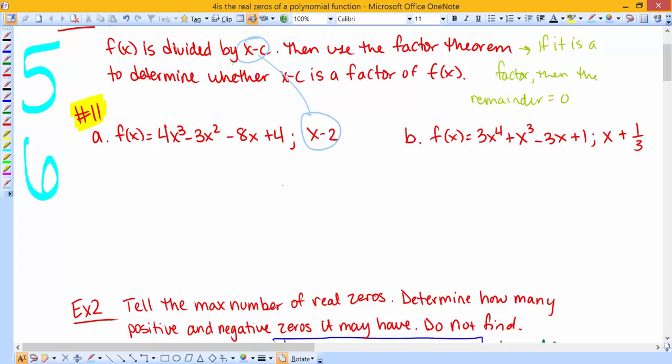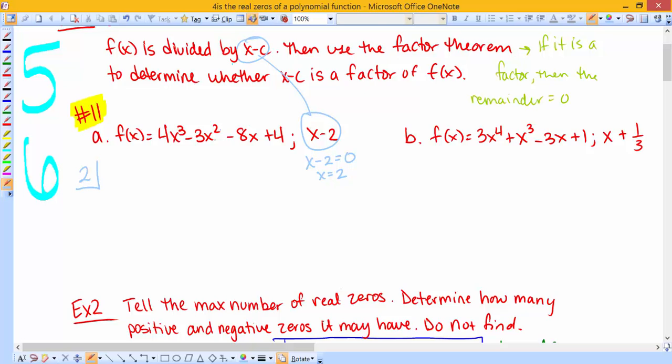So let's go ahead and refresh our memories on synthetic division. Synthetic division uses one of your x-intercepts, the solutions, the root, the 0, whatever it is that you find. So if I take x minus 2 and I set that equal to 0, my x is 2. So to use synthetic division, I put positive 2 in my backwards house.